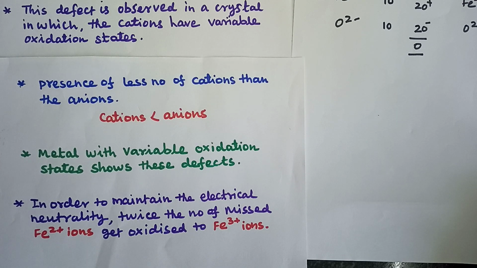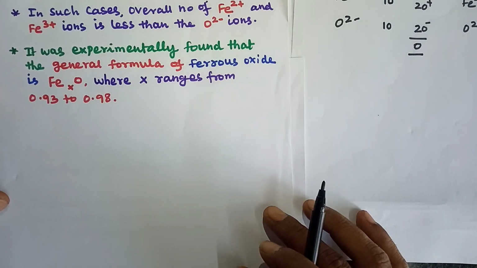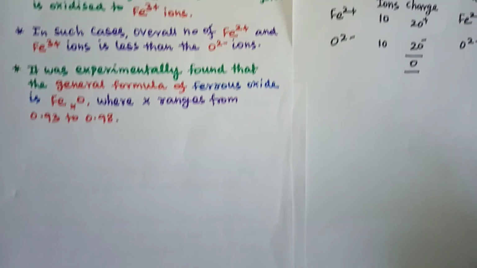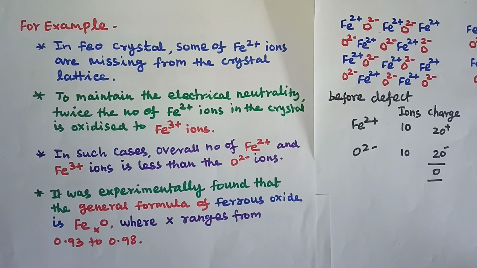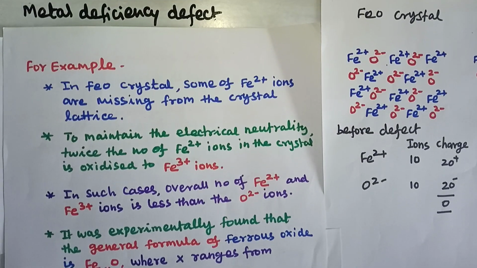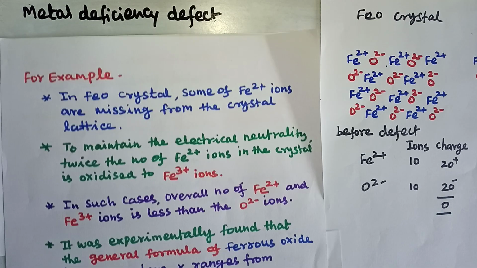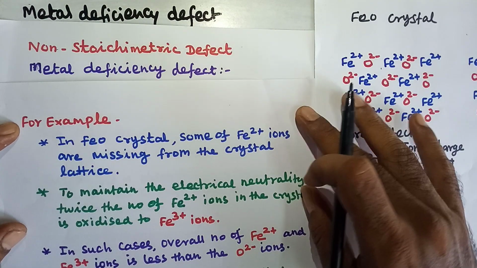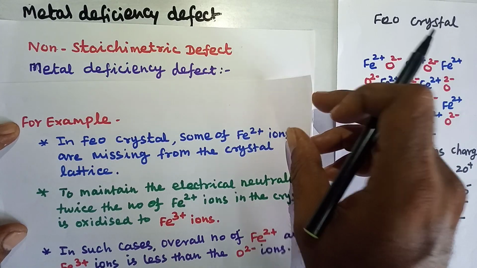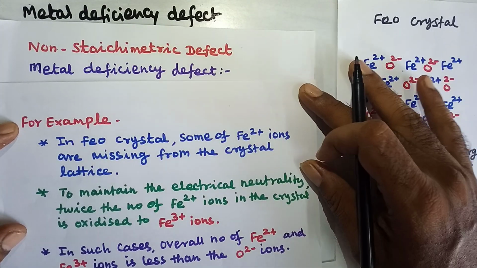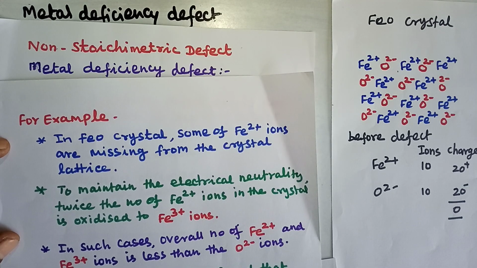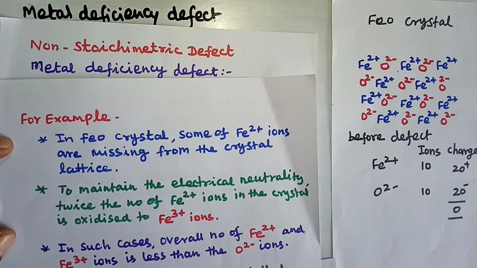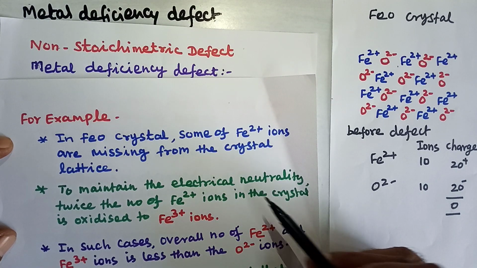For example, in iron oxide, in the FeO crystal, some of the Fe2+ ions are missing from the crystal.